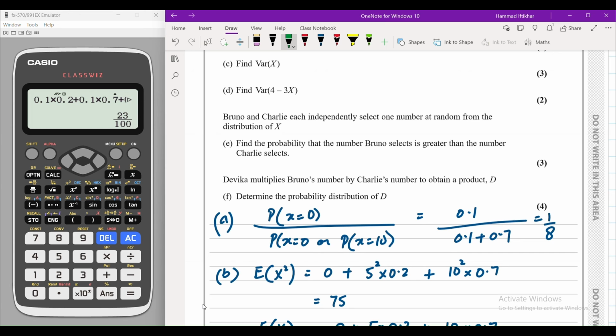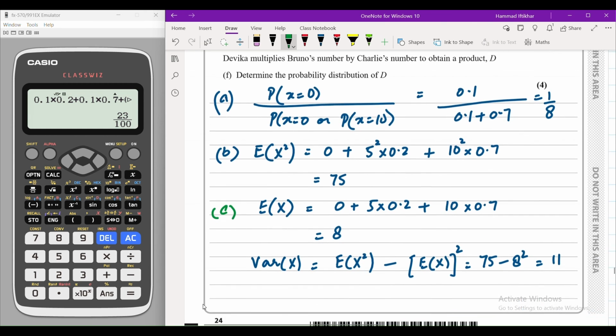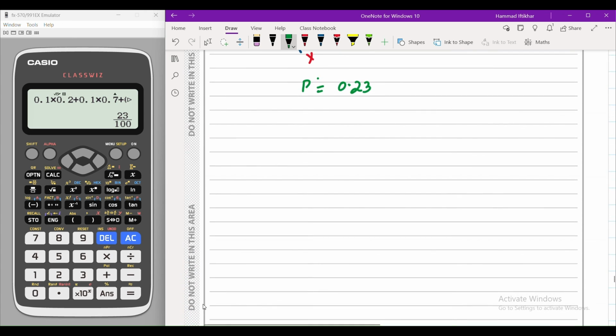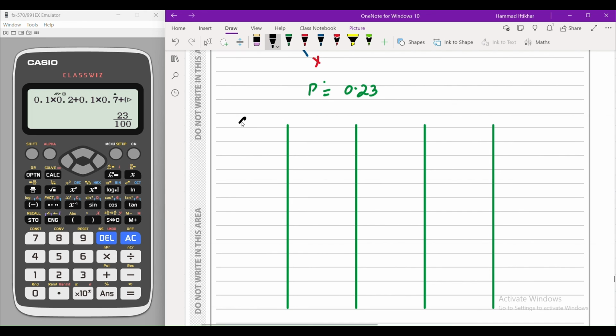Determine the probability distribution of D. So let's make a table for this. I'll make two columns for Charlie and Bruno, and then we'll get the products and probability distributions. So now let's see Charlie, Bruno, Charlie times Bruno, and the probability over here.